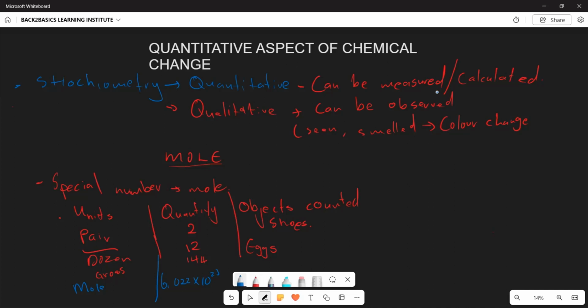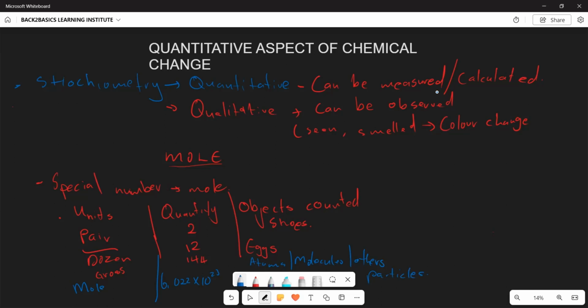And this is the one that helps us to count what? To count atoms, to count molecules, or also to count other particles that we may have. Altogether, hopefully this makes sense, right?